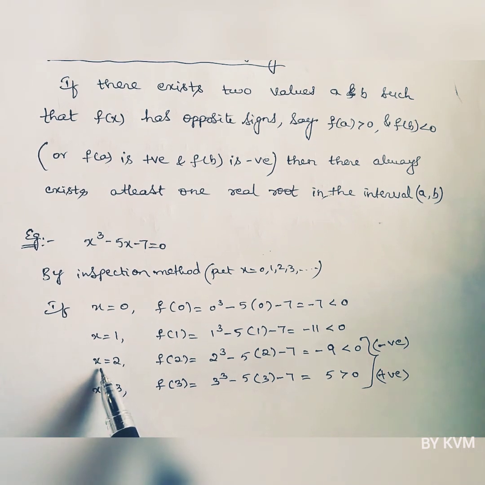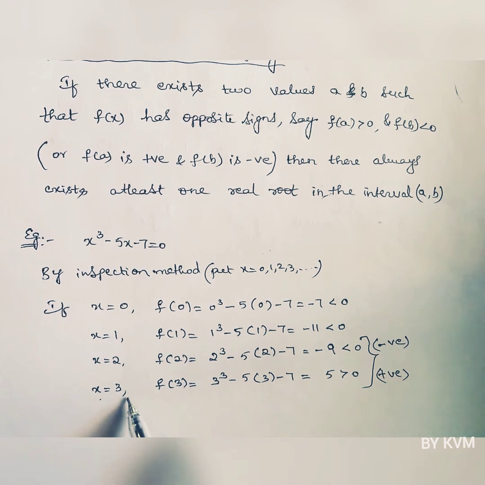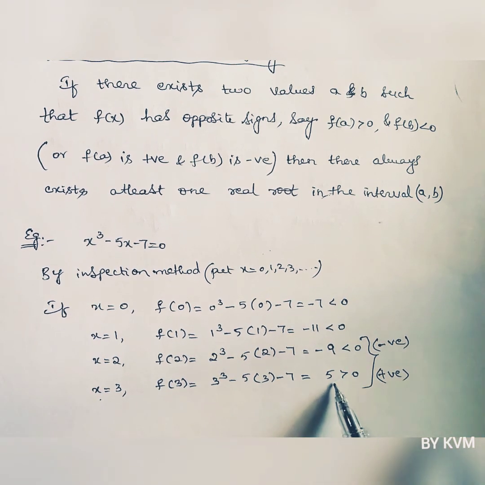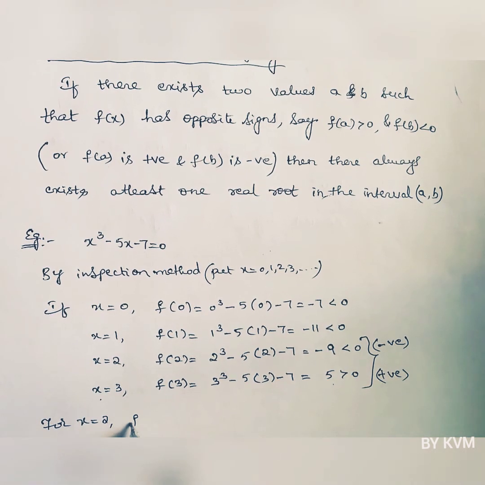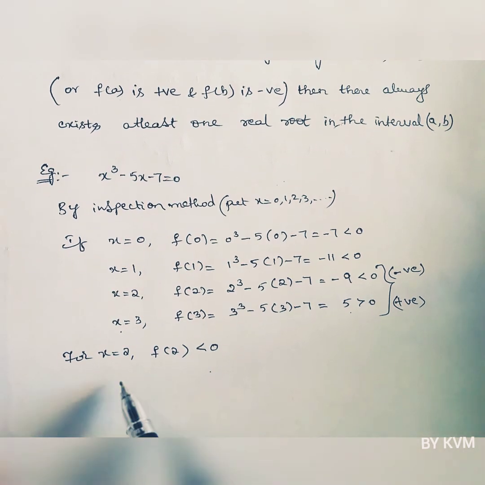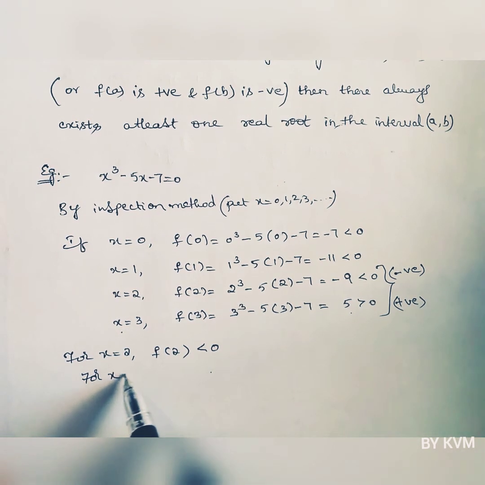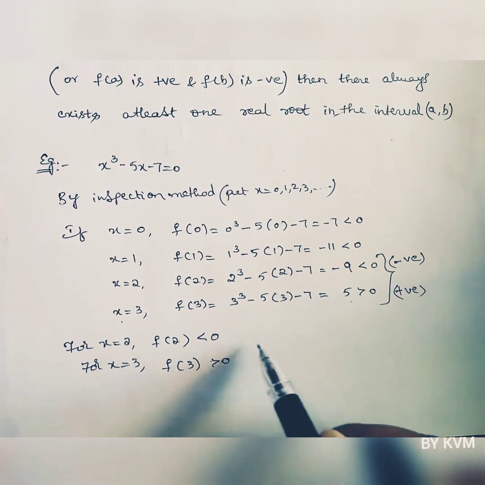So for x equals 2, we have f of 2 less than 0, and for x equals 3, f of 3 is greater than 0.